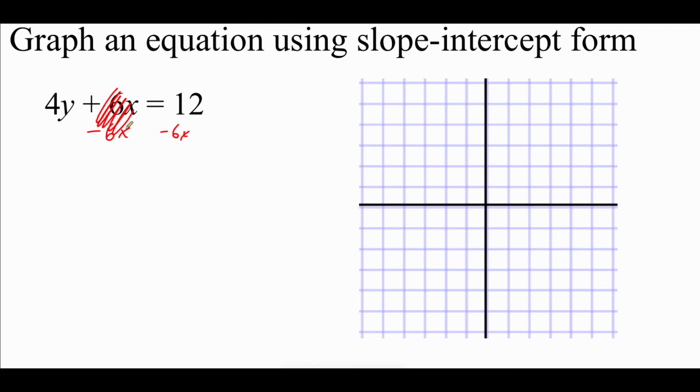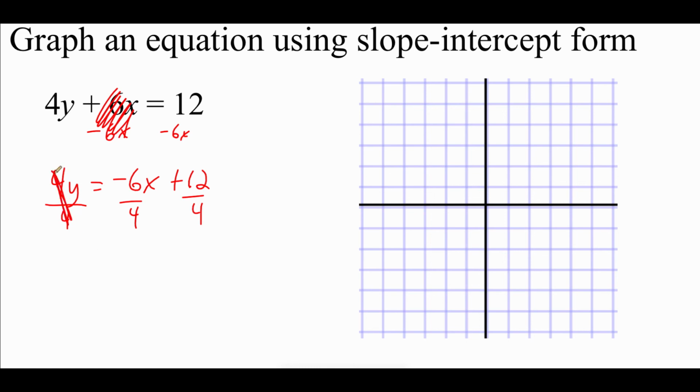So on the left-hand side, the plus 6x and the minus 6x cancel each other out. So we have 4y equals -6x plus 12. I still want my y to be alone, so I'm going to get rid of that 4 that's attached to it. Right now we've got 4 times y, so I'm going to go ahead and divide everything in this equation by the 4.